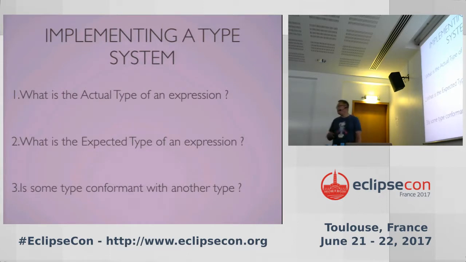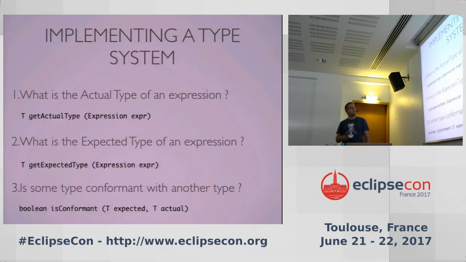But in Xtext core, we don't have an interface. But boiling it down to some interface methods, it's something like this that you would write in some kind of type computer: give me the actual type of an expression, give me the expected type of the expression, and are they conformant to each other?